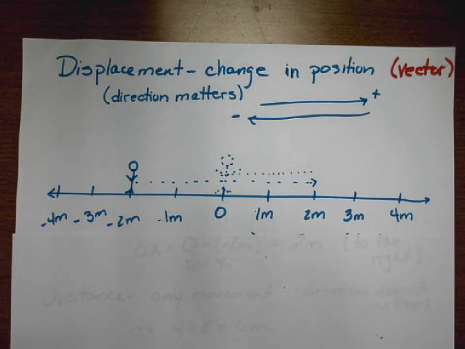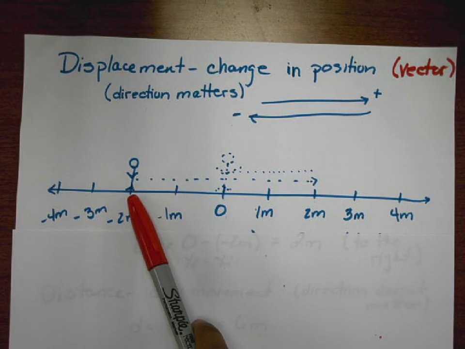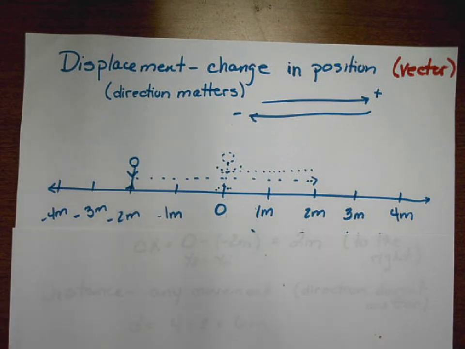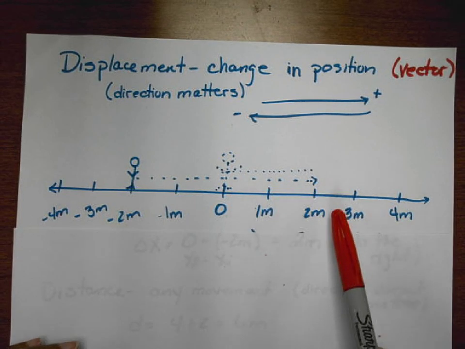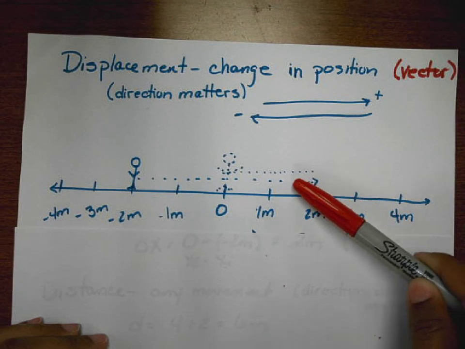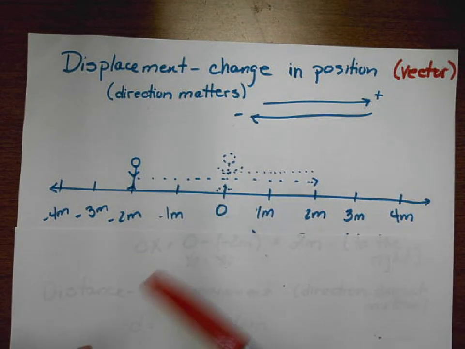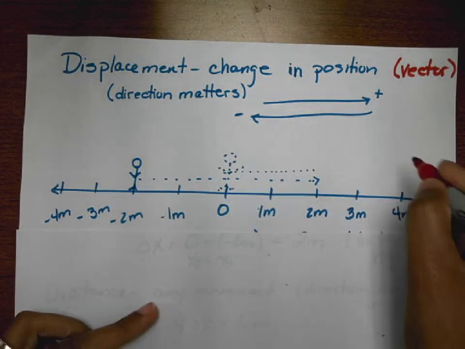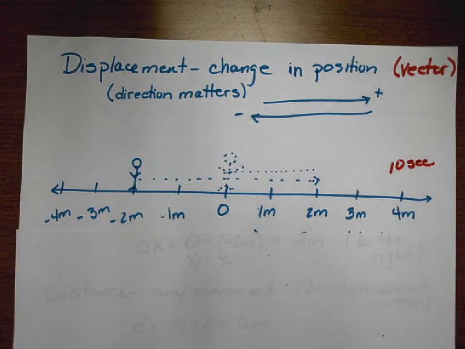Let's say I have a man standing at the -2 meter mark, and he walks in a positive direction to the +2 meter mark, and then reverses his direction and stops at the 0 mark. And he makes this journey in 10 seconds. I'm going to put this here now; it'll come into play later. So he makes this journey in 10 seconds. The question is, what is his displacement?